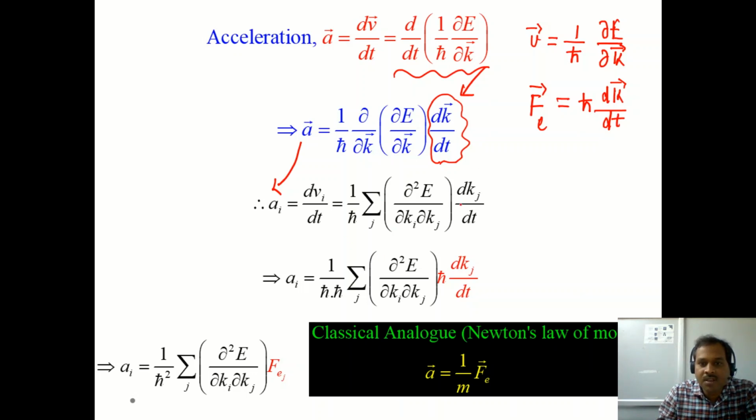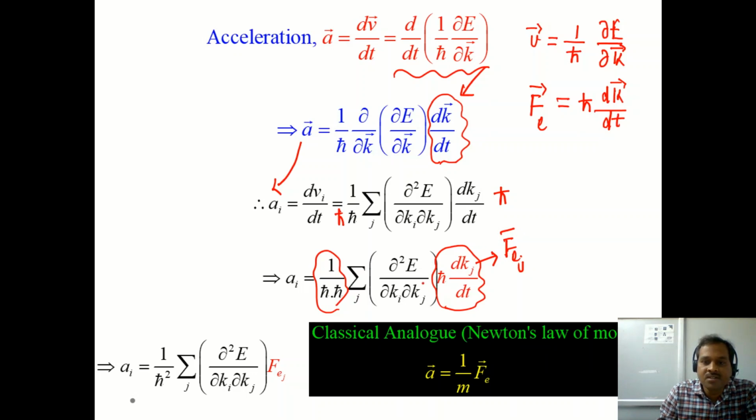So here we are multiplying by h cross and dividing again by h cross through this relation. So it will be summation over j of d square E by dk_i dk_j into h cross dk_j by dt, and we know this is nothing but the jth component of the external force.